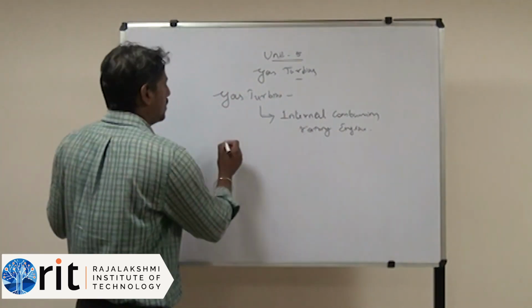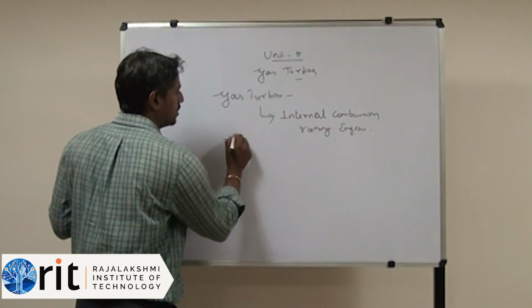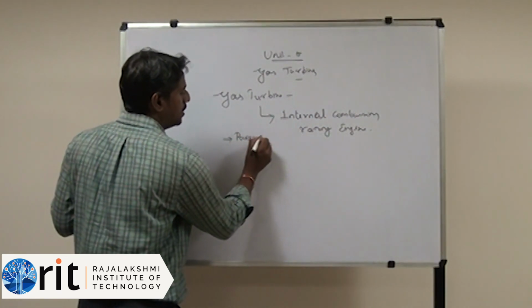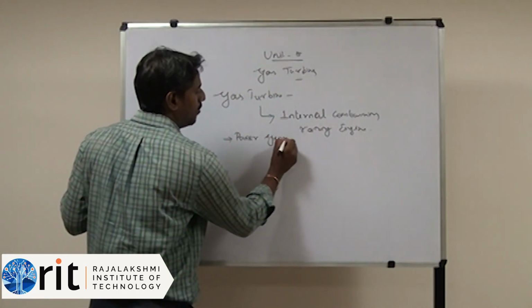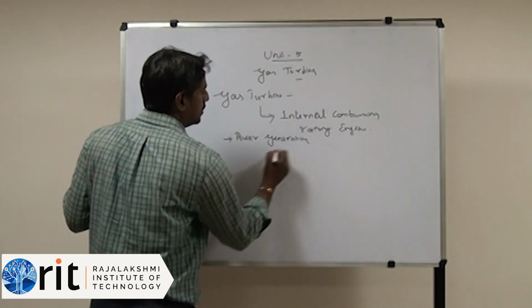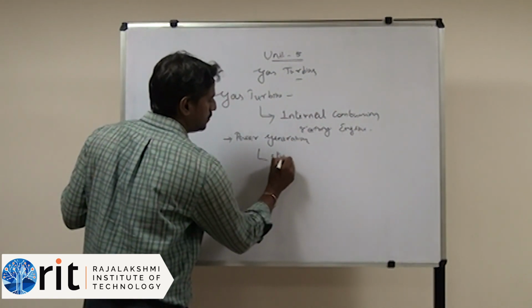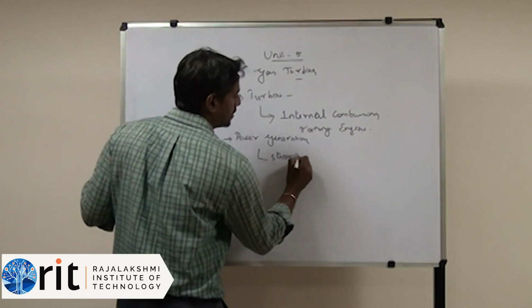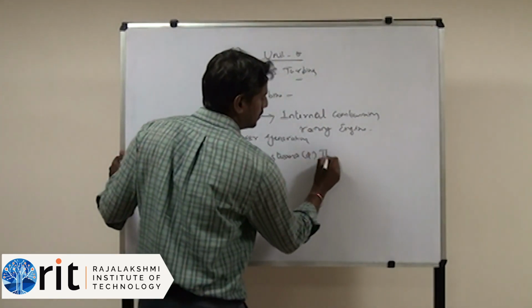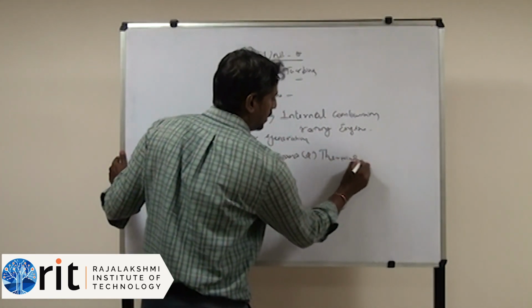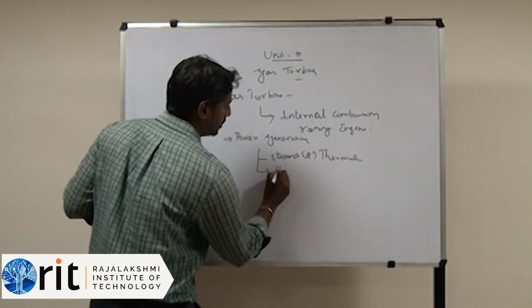We know that for power generation, we have different types of power plants, namely the steam power plant, or we can call it the thermal power plant, and the tidal power plant.